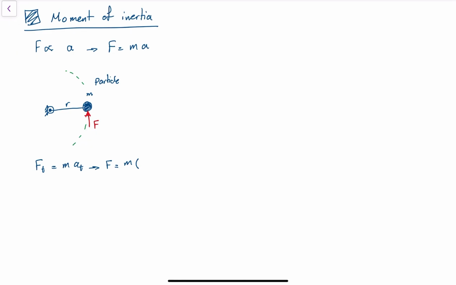We just saw in the previous chapter that the tangential component of acceleration, we can write it as distance times alpha in the case that you're rotating about a fixed point, which is our case. So force equals mass times r times alpha, and alpha is the angular acceleration of my system.